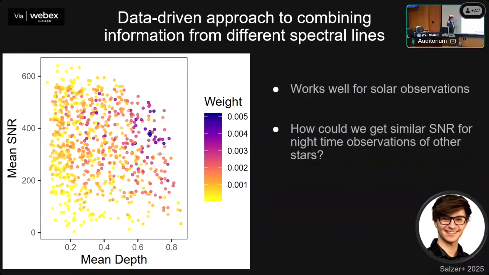Instead, what we see is that there's a subset of our deepest lines that give us the most information. Not all deep lines. Maybe you're not surprised if it happens to be a part of the spectrograph where there's low signal to noise, it has low information. But even in this corner of deep and high signal to noise, there's a significant difference, factors of 2, in how much weight those lines are getting.